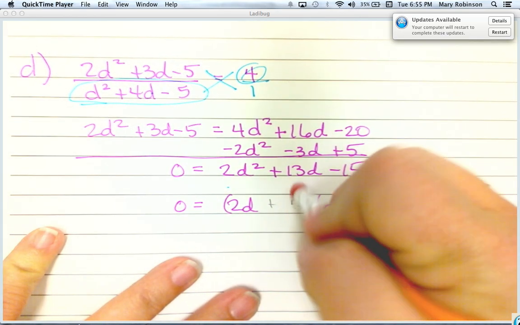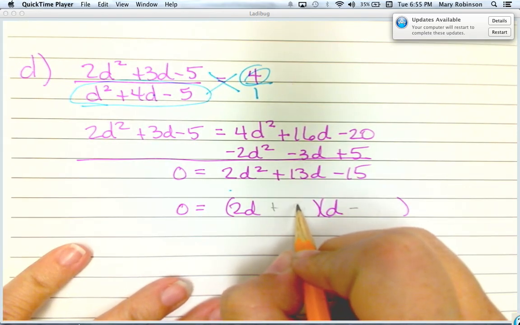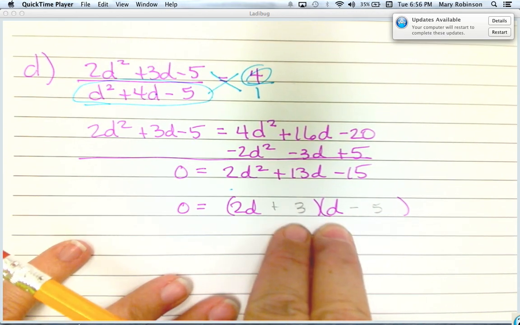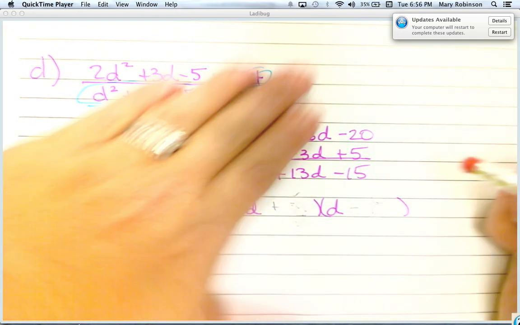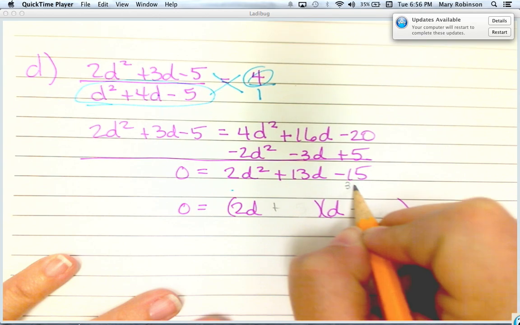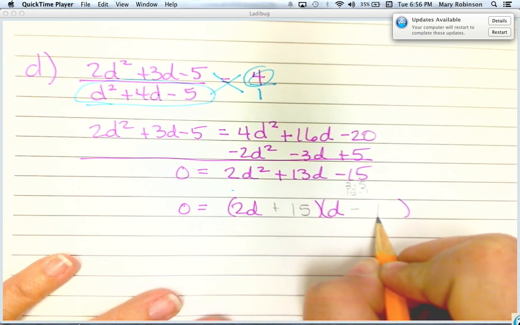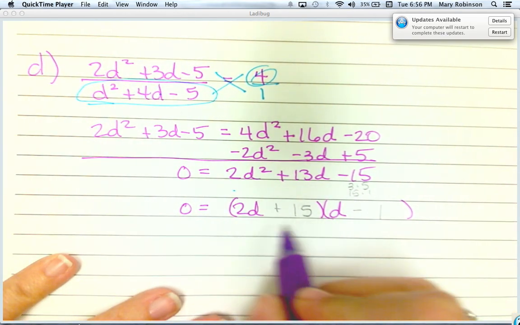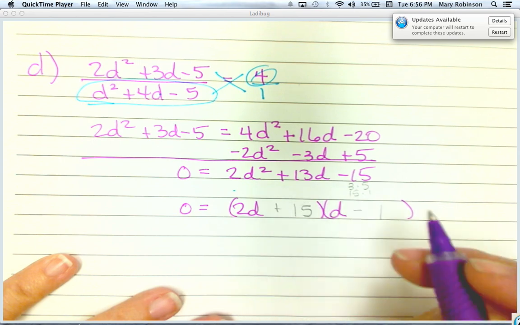That would not work. If we do 3 and 5, and certainly some of y'all will probably see this quick too, like I do, but negative 10 plus 3 gives you negative 7, so that doesn't work. So if we've exhausted those factors, then we try 15 and 1, okay? So 3 and 5, 15 and 1 are your possibilities. If we put a 15 here and a 1 here, it will work, because now we have 15d minus 2d. 15d minus 2d gives us 13d.